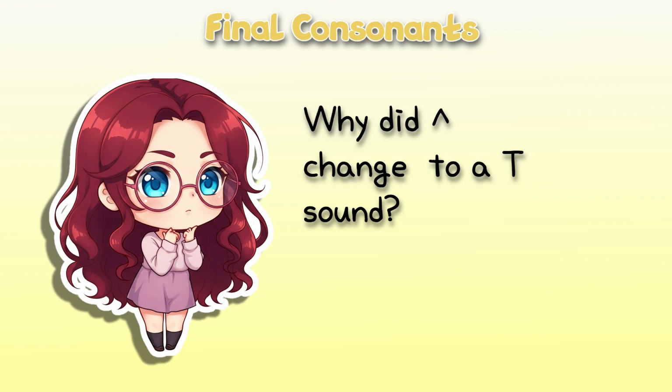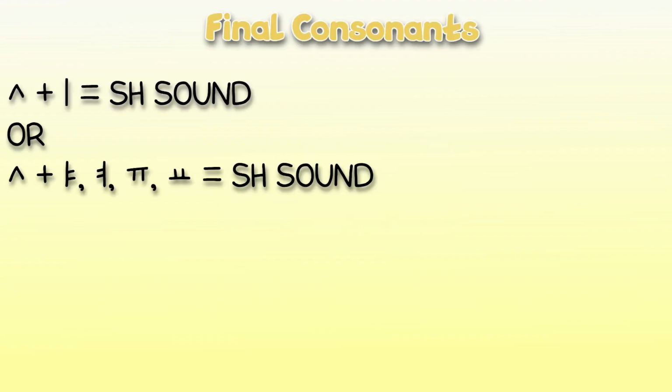So how does this play into sound change rules? Let's learn that now. I'm going to start off with some really easy ones, so follow along. Shiot to shi. If you have a shiot followed by the vowel i or any vowel that has a y sound in front of it, it turns into an sh sound like sh, sh.